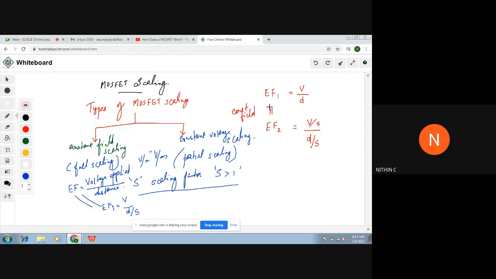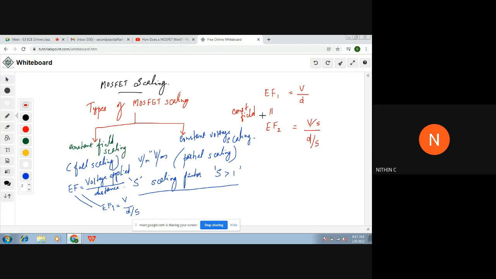But in order to make these electric fields, the electric field after the scaling and the electric field we had initially, have to be equal. They have to be equal, right? In order to make them equal, we need to scale down the voltage also by the same factor S. So these two S cancel out, and you will get V by D itself.